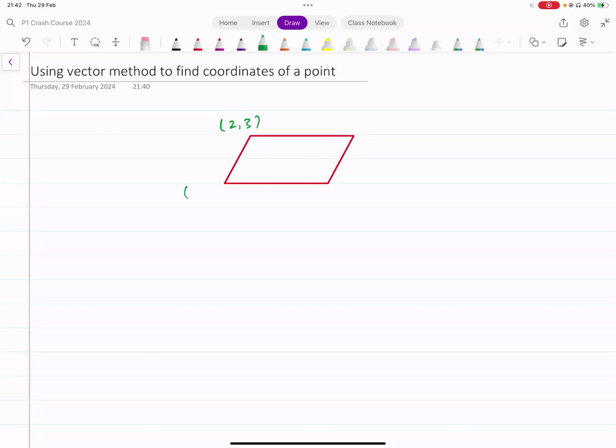And you have another point here, which is (-1, 0), let's say, or let's say (-2, -1)... and -2. This is this point here. And then you also know, for instance, the midpoint of this diagonal. Let's say you know this point. This point is M. Let's write down the coordinates of this point as well.